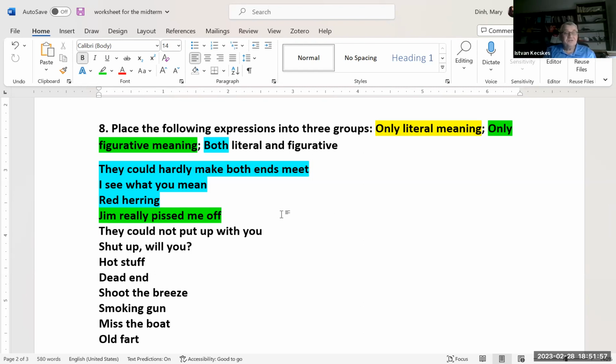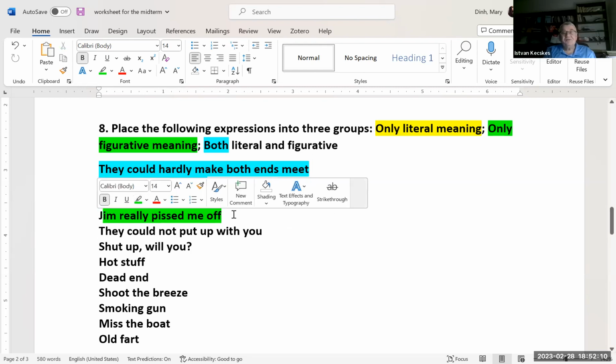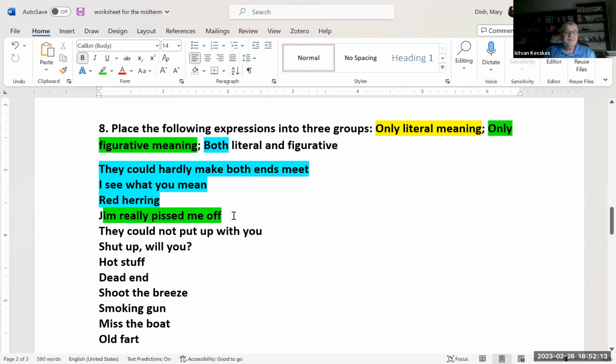Absolutely the figurative meaning is the most salient meaning, but I'm a little hesitant to say that it is just figurative, because basically you can imagine it in a literal sense as well, although it would be quite ugly.